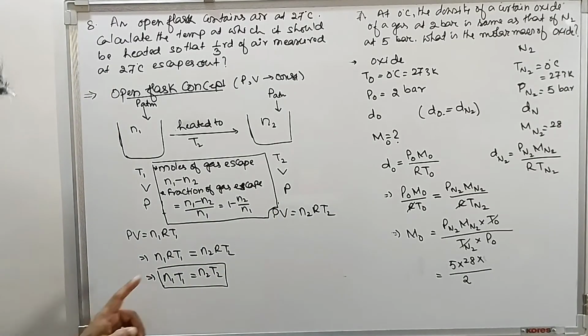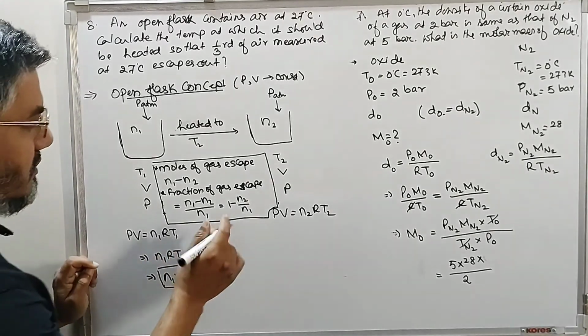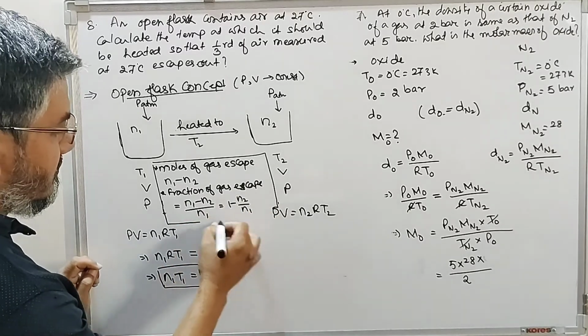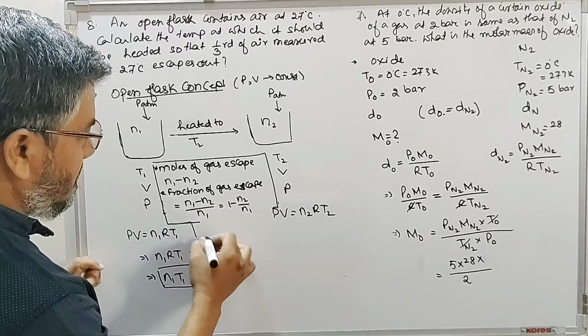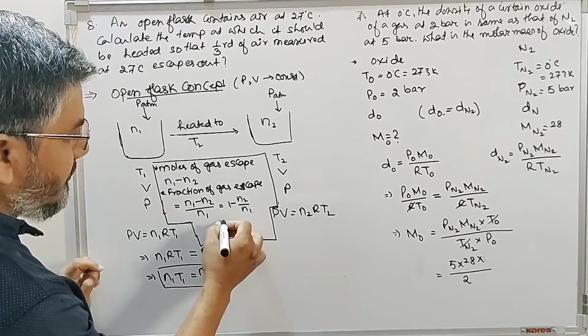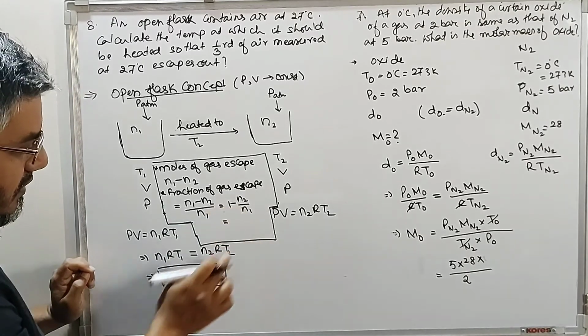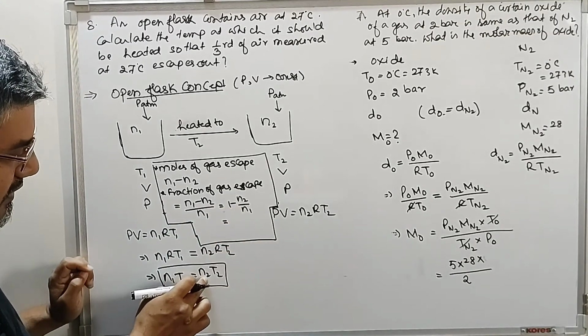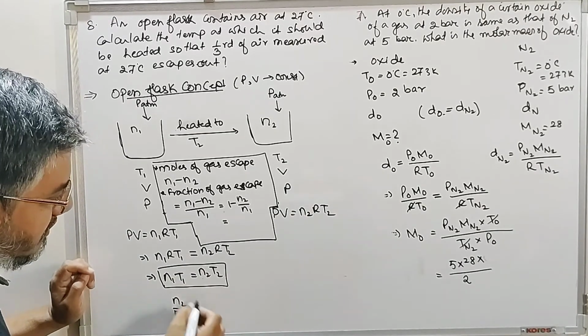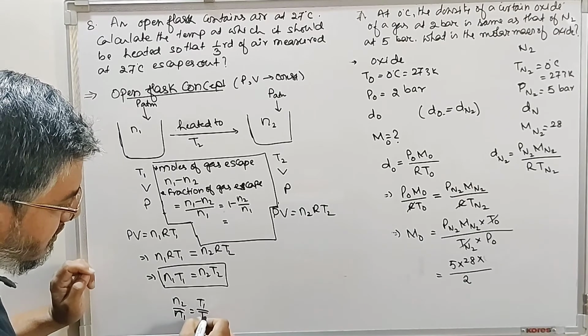Since N1 T1 equals N2 T2, N2 by N1 is equal to T1 by T2.